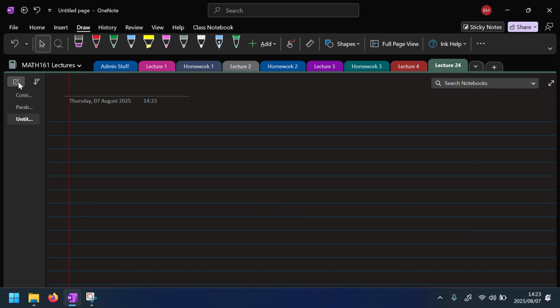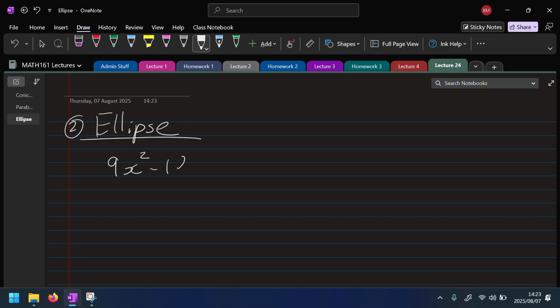Okay, let's have a look at the ellipse. We've got an example here, 9x squared minus 18x plus 4y squared is equal to 27. Again, first thing, this is not in standard form.